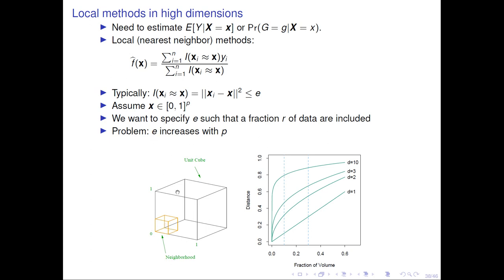Now, if we look at one dimension, then this e could be quite large. But if we include it to 2, then the e could be quite small. But if we increase the dimension, what happens is that the e that we have to choose increases quite a lot. Now, this is perhaps not that easy to see on this plot.